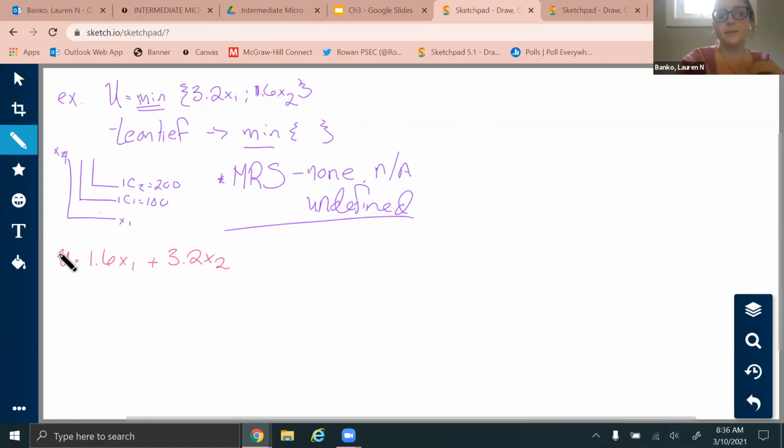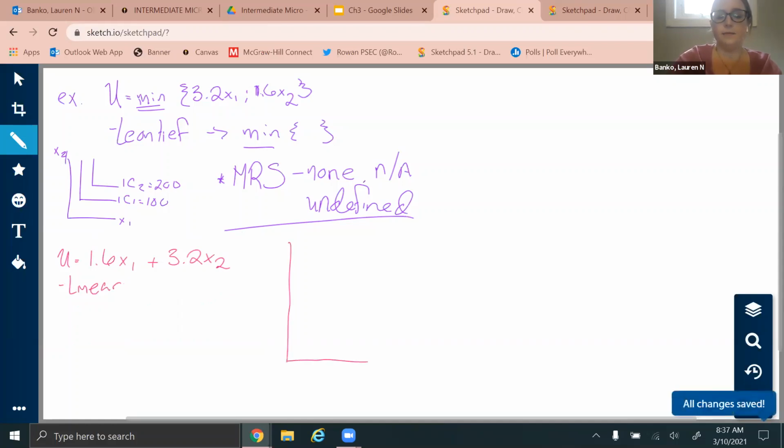But this is linear, first of all, because we have something plus something else, and there's no squares or exponents, no square roots, and no x1 and x2 being multiplied. They're separate, they have something in front, but they're being added. That is always linear.